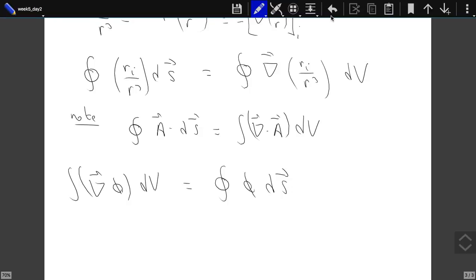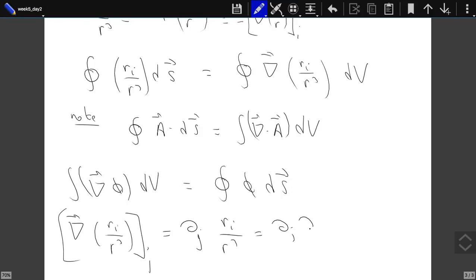Now this is a vector field. It's not just a Dirac delta on its own. So what is the gradient of Ri over R cubed? Let's look at the J component. The J component will be del J of Ri over R cubed, which is del J times del I times 1 over R, with a minus sign.